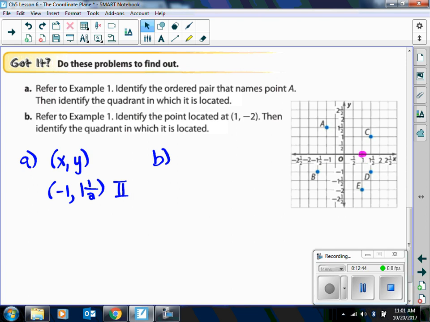You see it? There's 1. And then we're going negative 2. So we're going to go down negative 2. So there's negative 1, and there's negative 2. So this is point E. Very good. This is point E. And what quadrant is that in? 4. That is quadrant 4. And we write that as a Roman numeral 4.